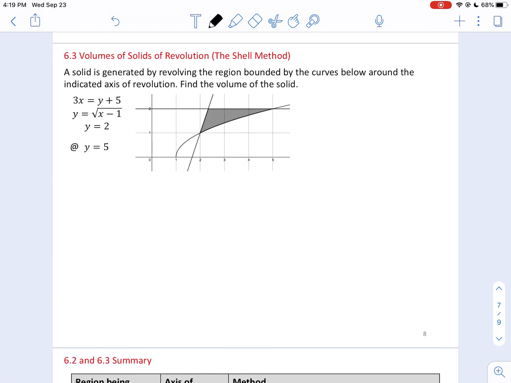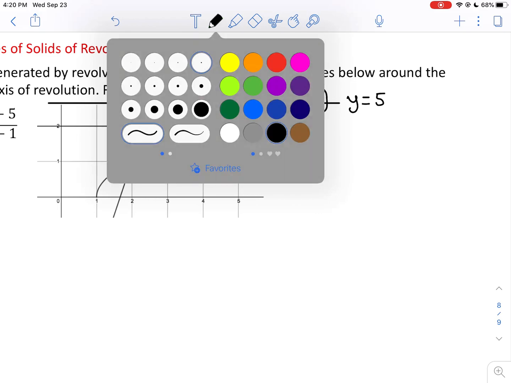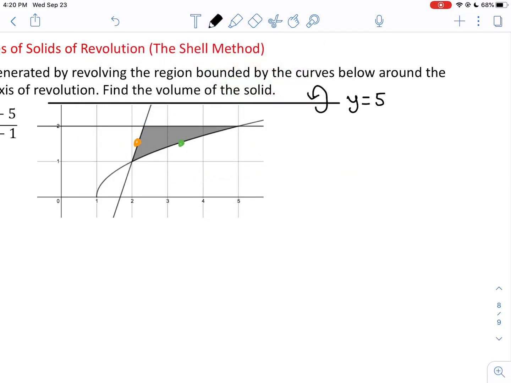Let's do the same region again, but this time we're going to revolve around a line that's above. And you'll notice I did not give myself a lot of room to put y equals 5 up here. So this will be not to scale, but let's just say y equals 5 is up here somewhere. We're going to use, once again, horizontal strips. So our h is not going to be any different than it was last time.